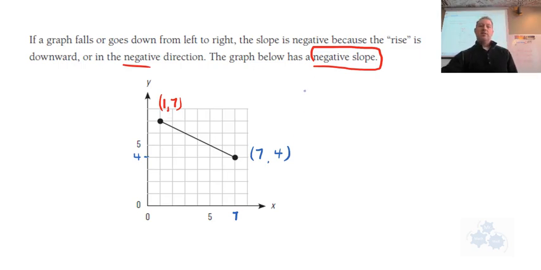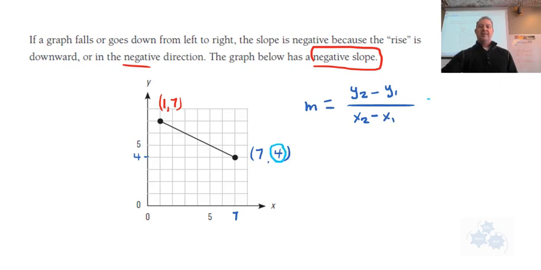Let's find the slope. This is actually going to be pretty easy if we use the formula. And this would be something you probably want to memorize, guys. y2 minus y1 over, or divided by, x2 minus x1. Now this is going to feel weird because I'm going to take the smaller one first.